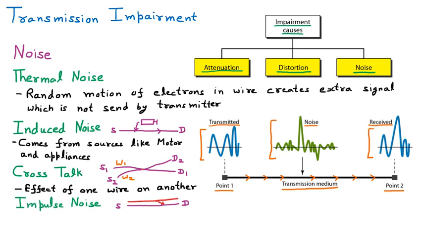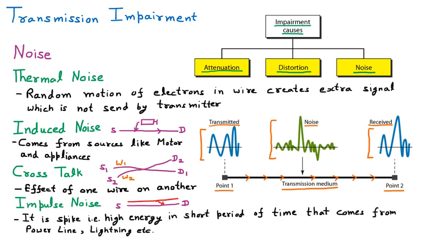So if the telephone wire is going and above that a very high voltage wire is going, then that high voltage electricity will give disturbance on that telephone. So the source and destination will just hear that noise. This is called impulse noise. So we can say that it is a spike. Spike means very high energy in a short period of time that comes from the power line or lightning.